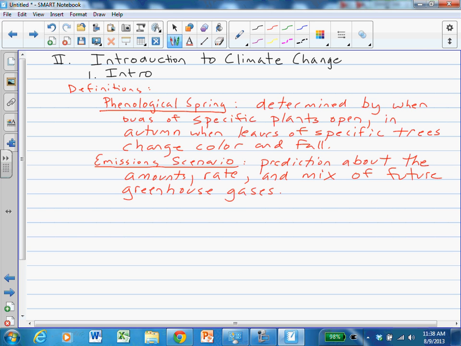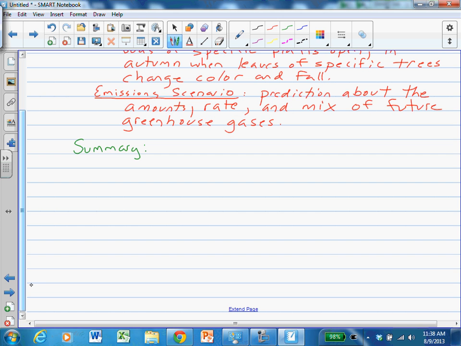All right. And then as a summary for this section, I have 2010 and 2005 the hottest years since the 1880s, when we had detailed records.